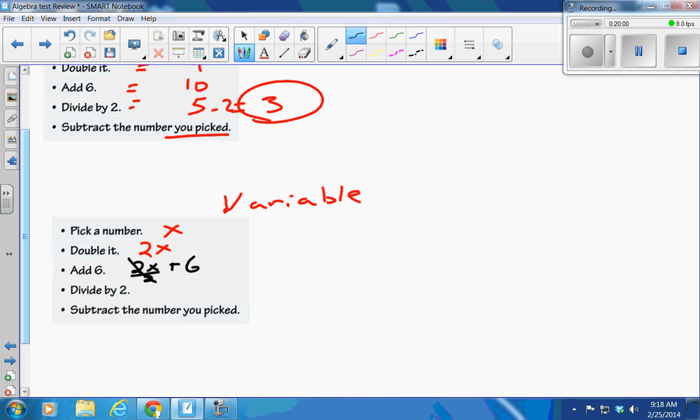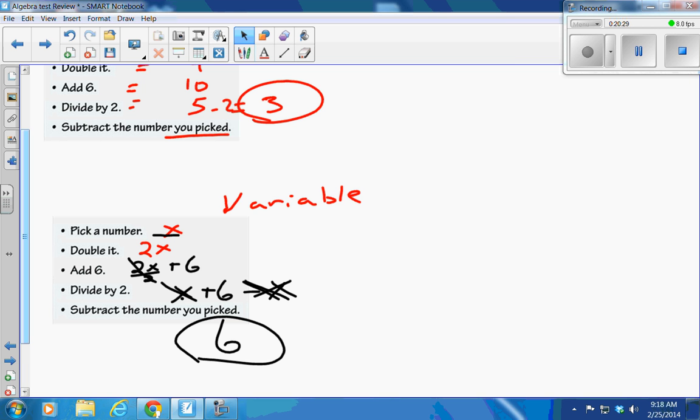So all I have left is x plus 6. Now the last number is subtract the number you picked. So the number I picked originally was x. So I have to minus x. Again, I can simplify. So if I have x minus x, that gives me nothing. 1x minus 1x is no x left, 0 x's. All I have left is 6. That is how a variable would work.